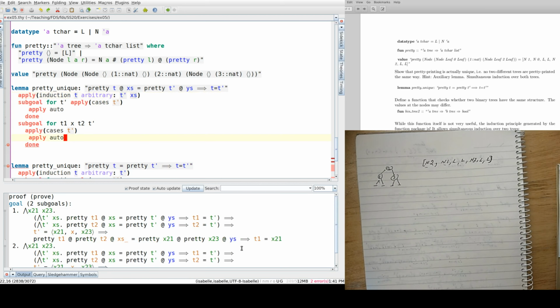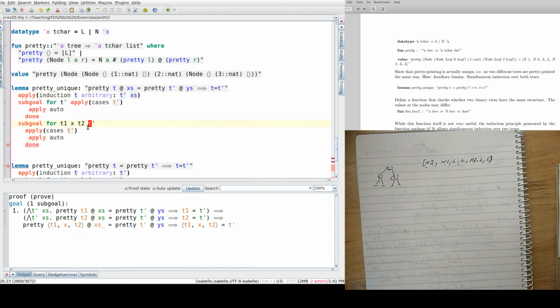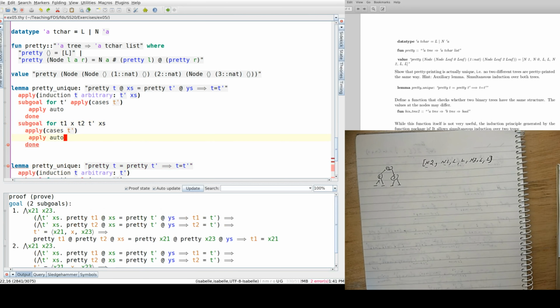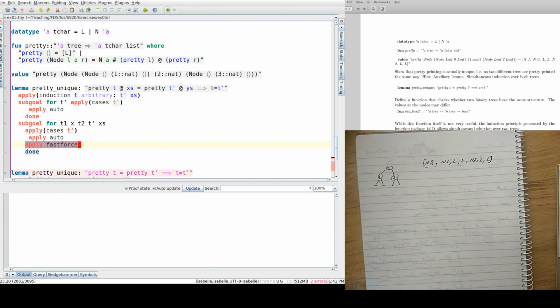Okay, that still didn't work. And just x's and y's. Quantify otherwise. So I think this should go with a fast force call or a force call.